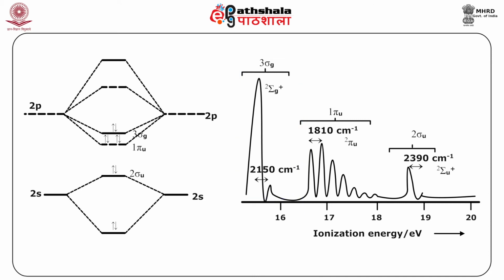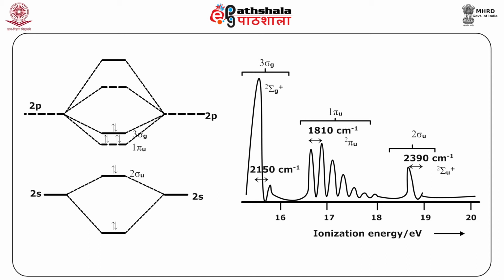There is very little vibrational structure, which indicates that the 3σg orbital is not very deeply involved in bonding. The vibrational spacing of 2150 cm⁻¹ compared to 2379 cm⁻¹ for molecular nitrogen clearly indicates that it is a weakly bonding orbital.